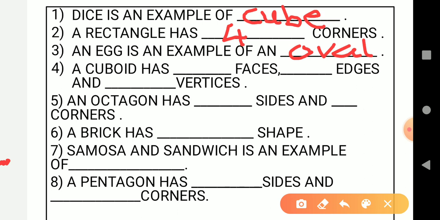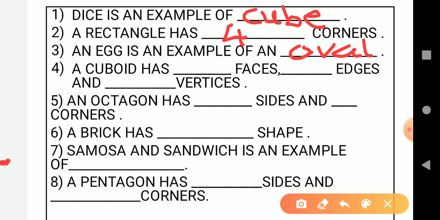Now here in this blank there are 3 blanks given: a cuboid has blank faces, blank edges and blank vertices. Yes, in the previous video we already discussed it.